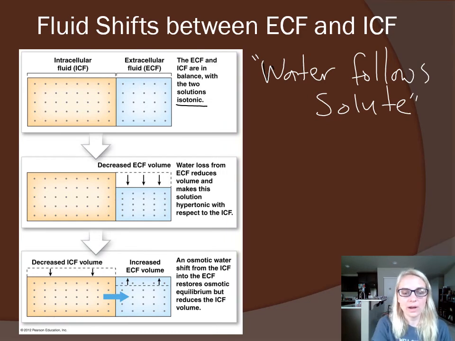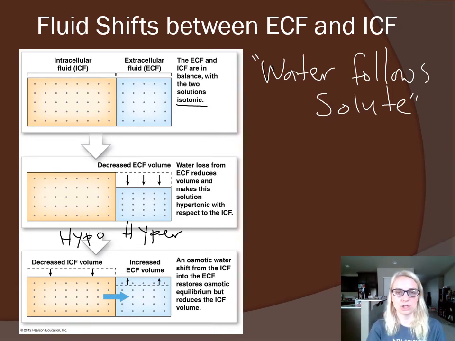So now comparing between your ICF and your ECF, this is now hyper and this is now hypo. So now you have a concentration gradient. You have a difference between the fluid inside your cells and the fluid outside of your cells. So this fluid shift is going to drive water from the higher water concentration to the lower water concentration, or toward the higher solutes. Water follows salt. And what will happen is the isotonicity will be reached again.